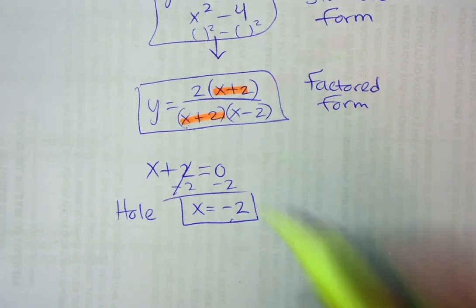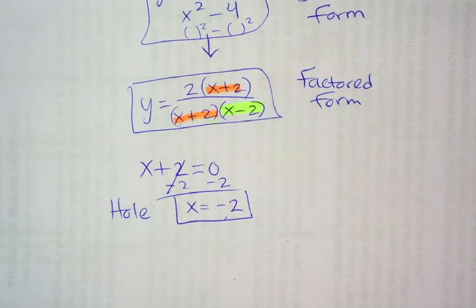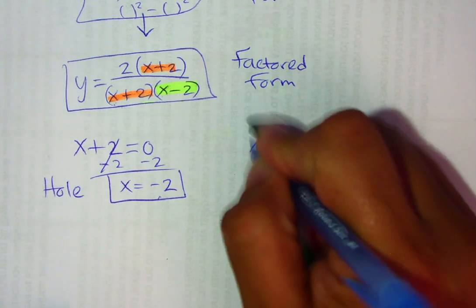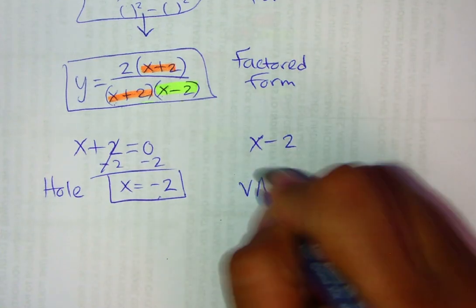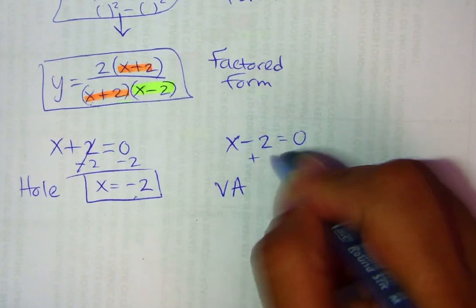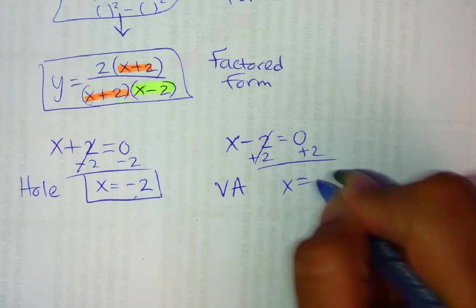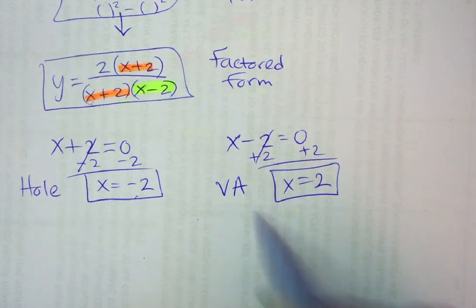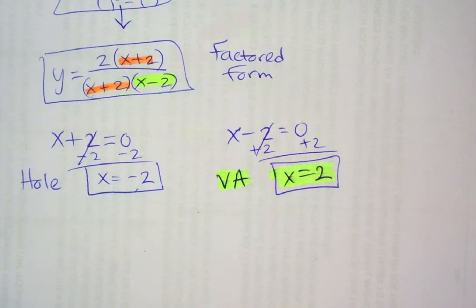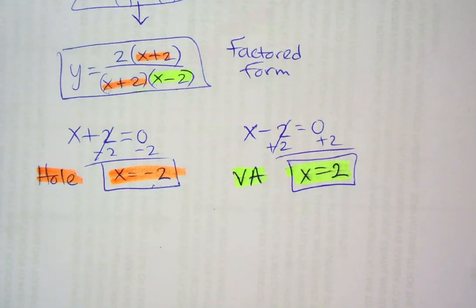Then any factors remaining in the denominator, you're going to identify those as the VA. So you do the same process that you did here, but now this is for vertical asymptote. We solve by setting equal to 0 and then using inverse operations, so x equals 2. This is where the VA exists. So keep in mind, through color coordination, what is found based on the steps in the process.